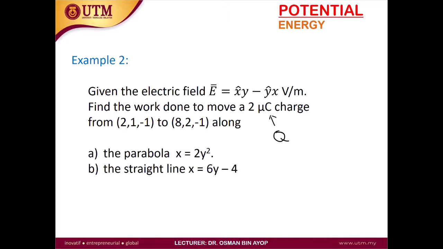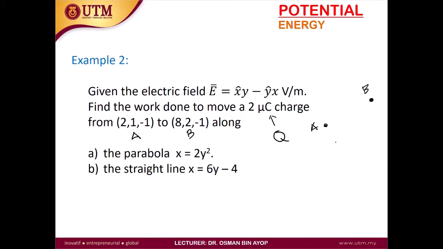Initially, the charge is located at point (2, 1, -1), which I can rename as point A. Then we want to move this charge to another point, point B, (8, 2, -1). The road taken for the charge to travel from point A to point B is different, even though the destination is the same.